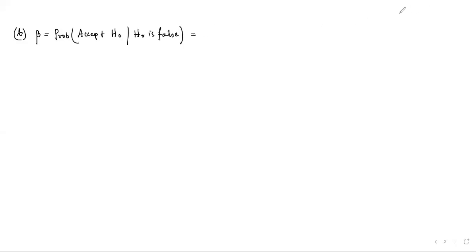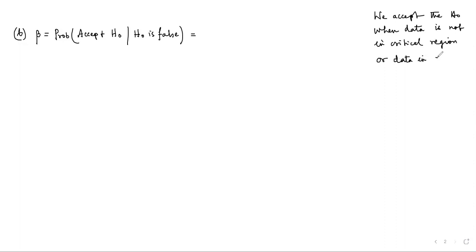Now, when do we accept the null hypothesis? We accept the null hypothesis when the data is not in the critical region, or in other words, you can say the data is in the acceptance region.